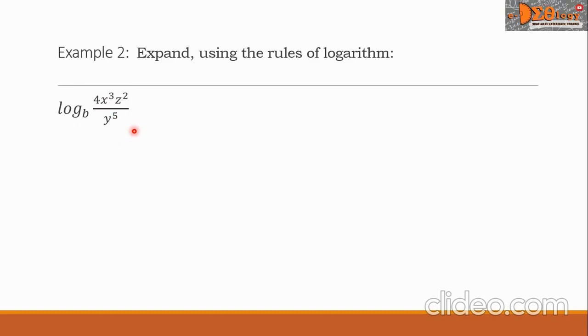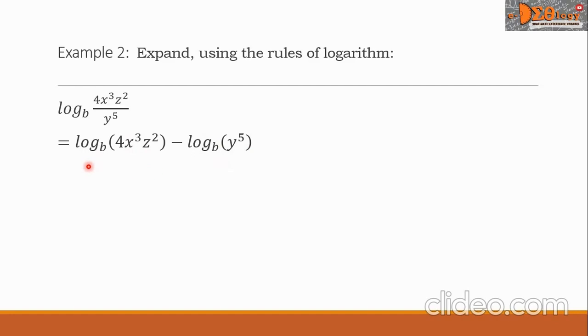So what we'll do is get the log of the numerator minus the log of the denominator. So we have now log of 4x cubed z squared, that is the numerator, to base b, then minus the log of the denominator y raised to 5 to base b.